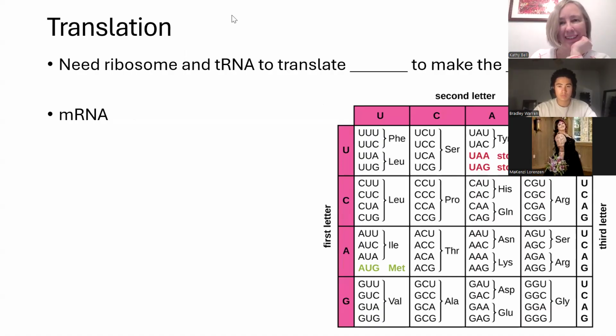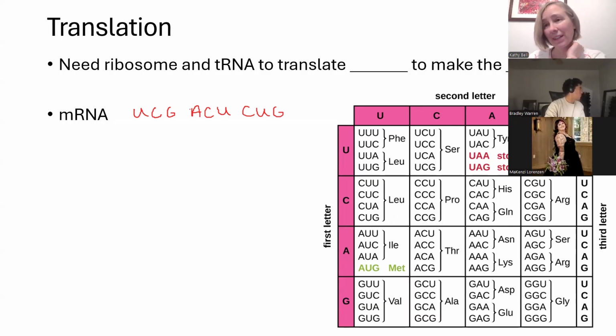All right, and then our next one. Okay, so with translation, we're going to need the ribosome and transfer RNA to translate the messenger RNA to make what?